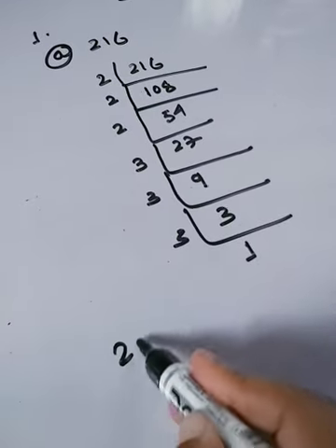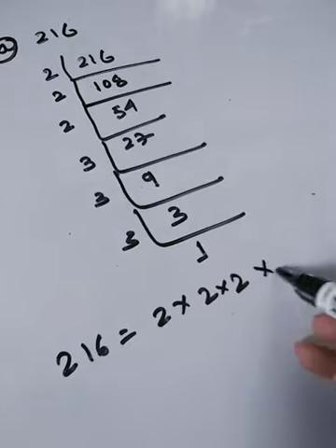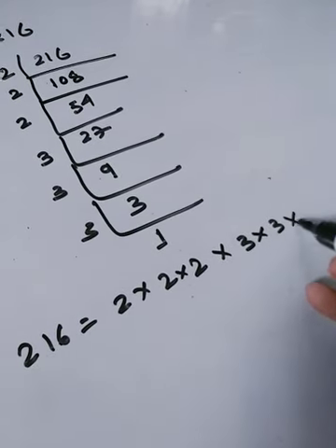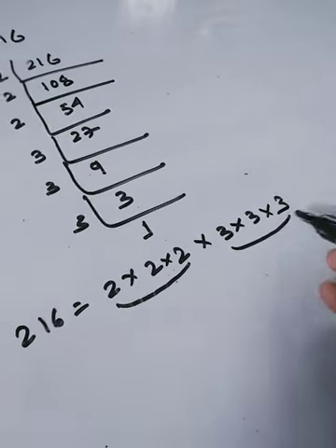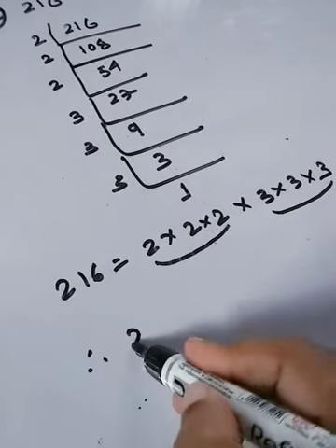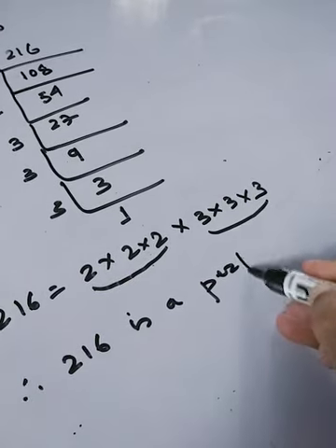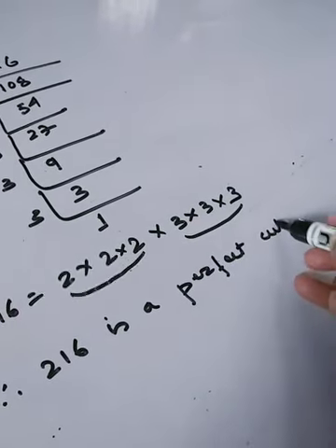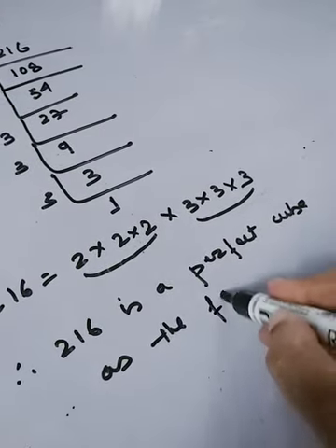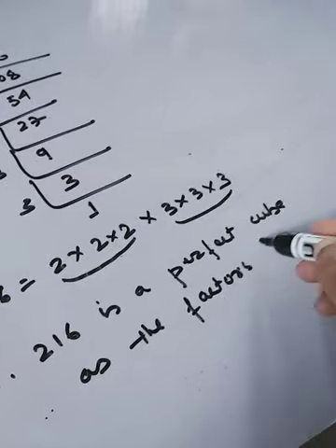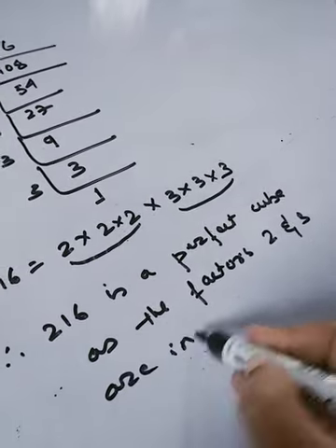Now, how to write 216? That is 2 into 2 into 2, 3 into 3 into 3. Now you see all the factors are in triplet form. So you will write, therefore 216 is a perfect cube as the factors 2 and 3 are in triplet form.